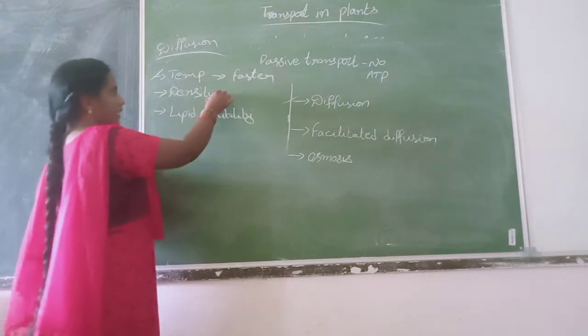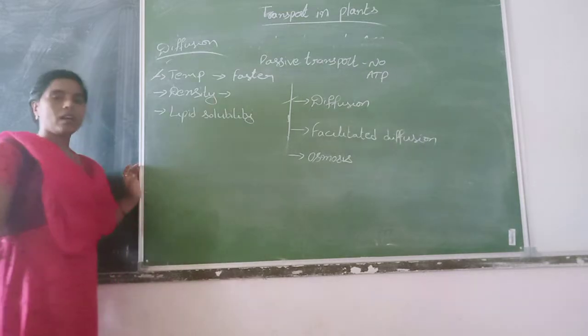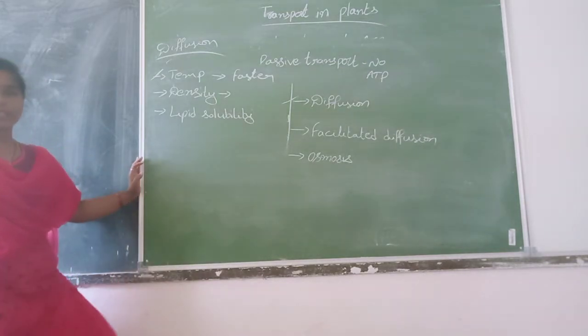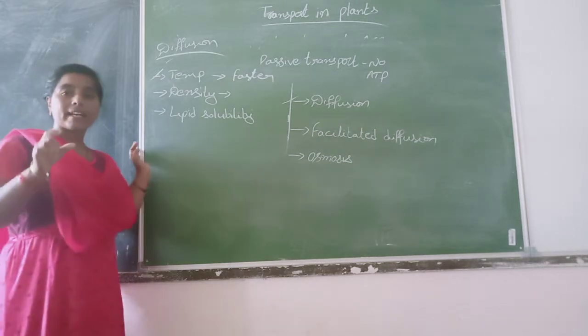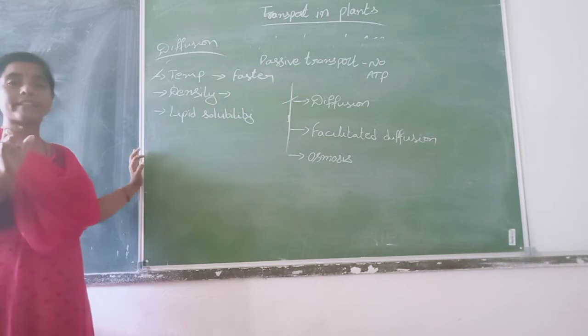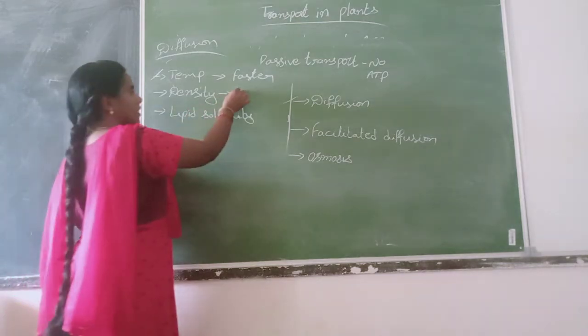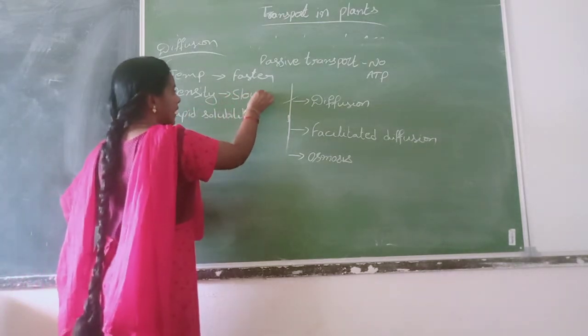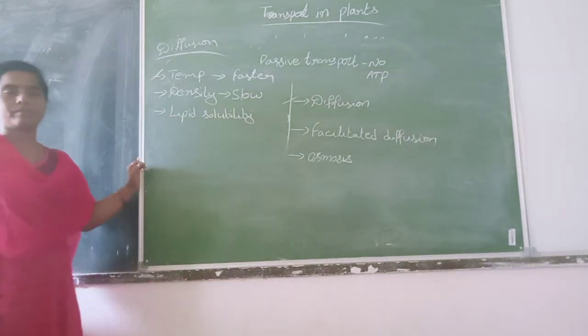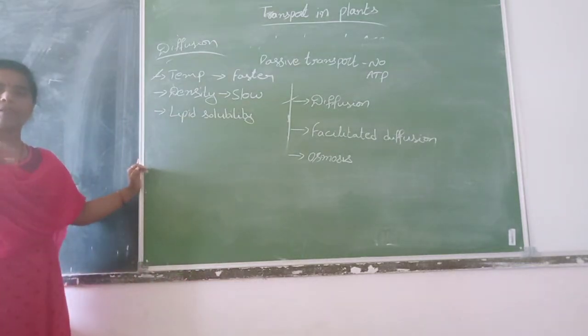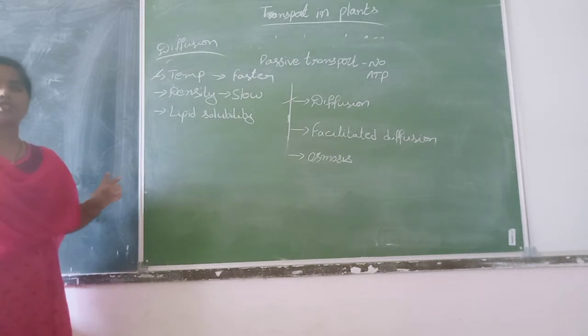In case of density, solute particles having more density or more weight, bigger particles, then in that case diffusion will be slow. If the solute particles are heavy, the diffusion process will be slower.